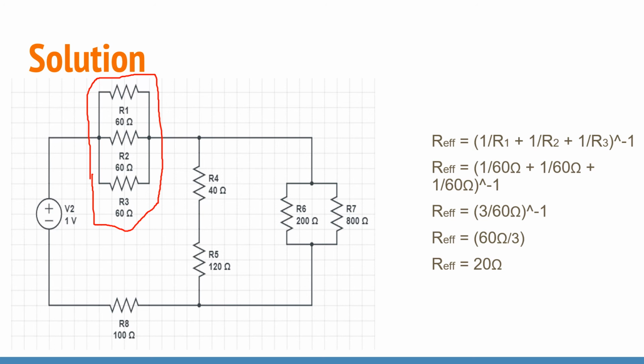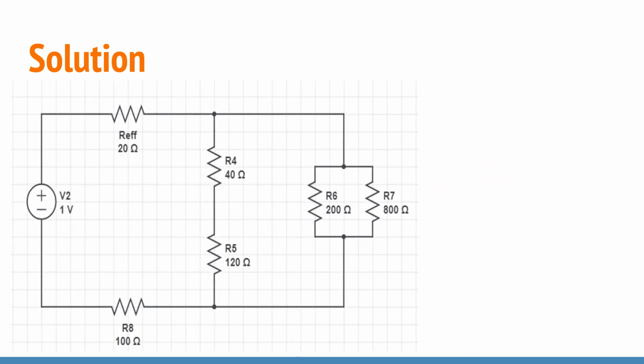Since all of the resistors are 60 ohms, we end up getting 3 over 60, which simplifies down into 20 ohms. So we can essentially replace these three resistors right here with a single resistor that has a resistance of 20 ohms. So now we will move on to the next step in this problem.